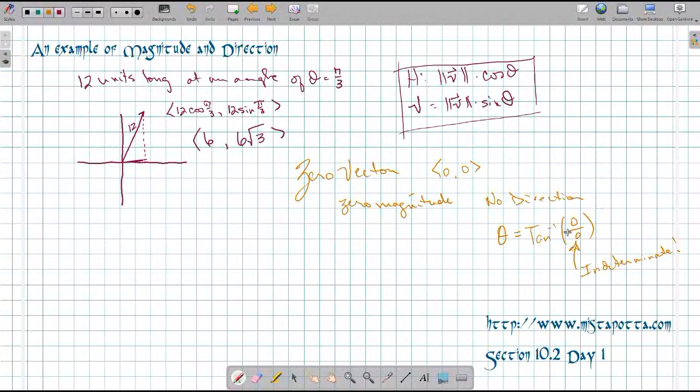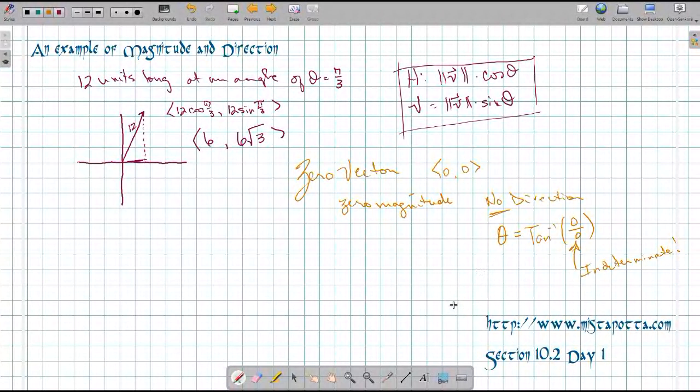And because there's no functions involved for x of t and y of t, there's no function involved here, then we can't really resolve this using L'Hopital's rule as we had done in previous problems. So we're kind of stuck with this idea of having zero magnitude and no direction.